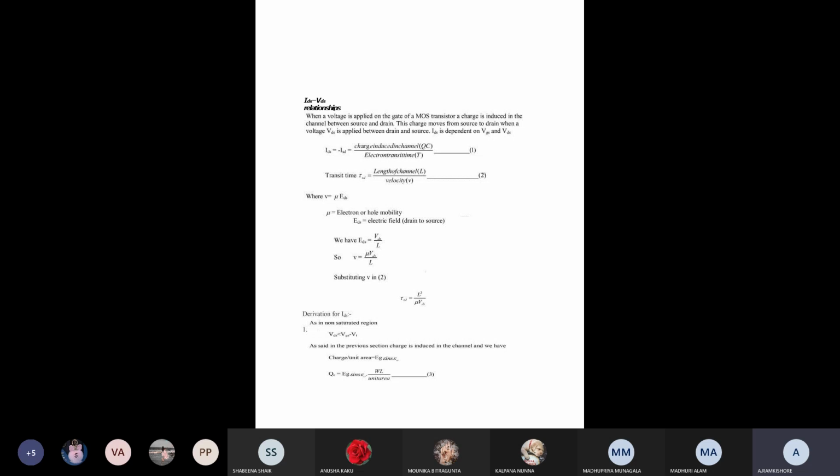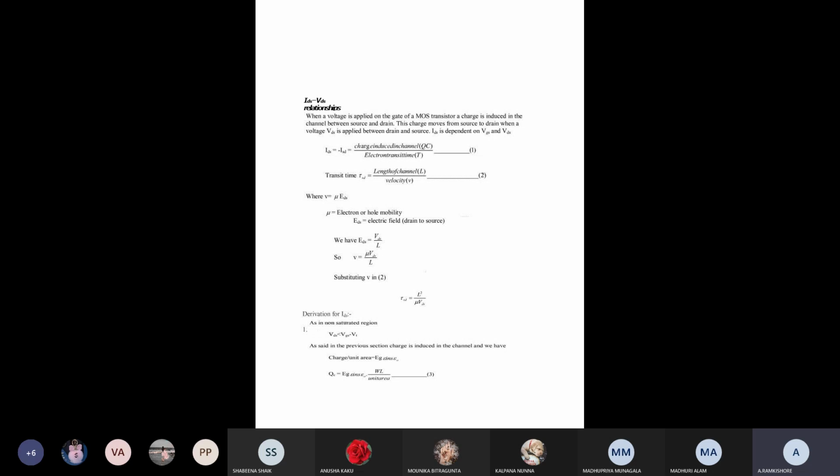So the transit time tau is equal to L by mu into V_DS by L. This velocity V is substituted in tau_DS, which is nothing but L by V. So we substitute L by mu into V_DS by L, and the denominator factor is multiplied with the numerator factor.